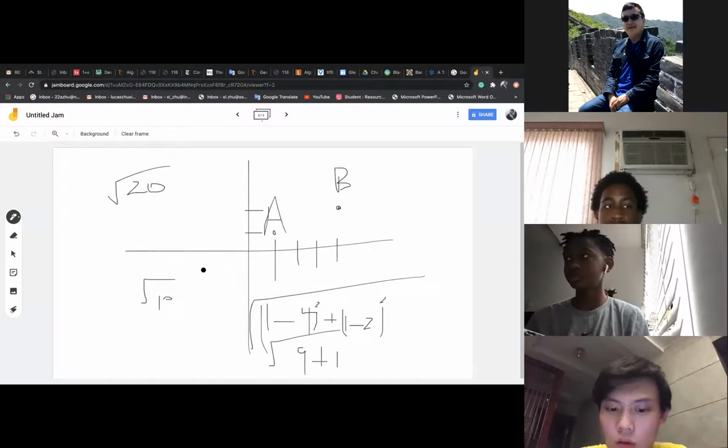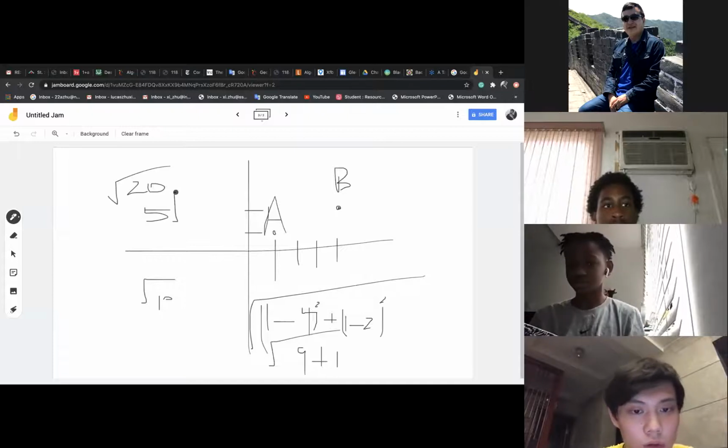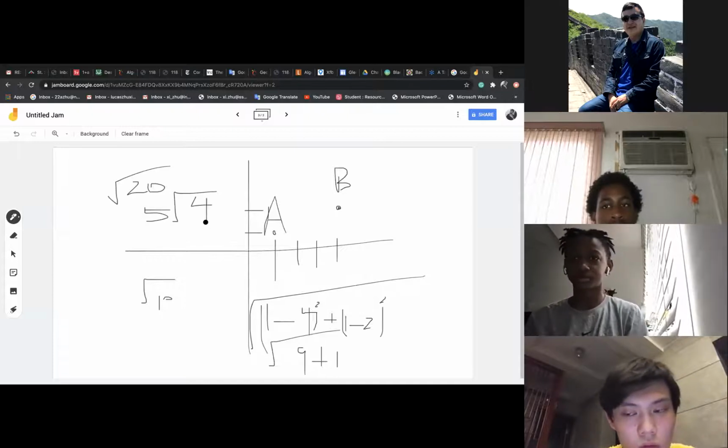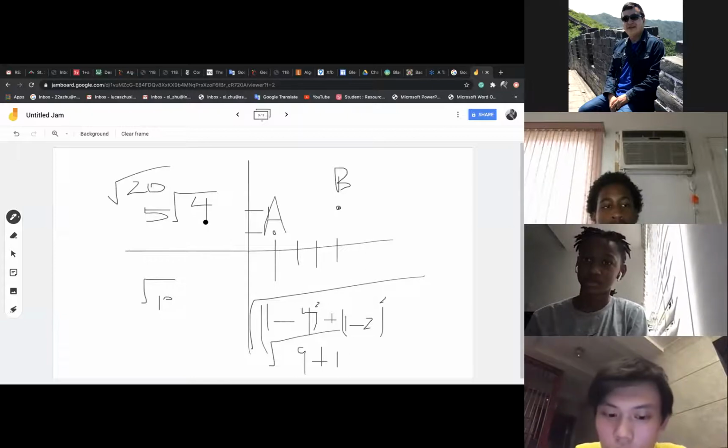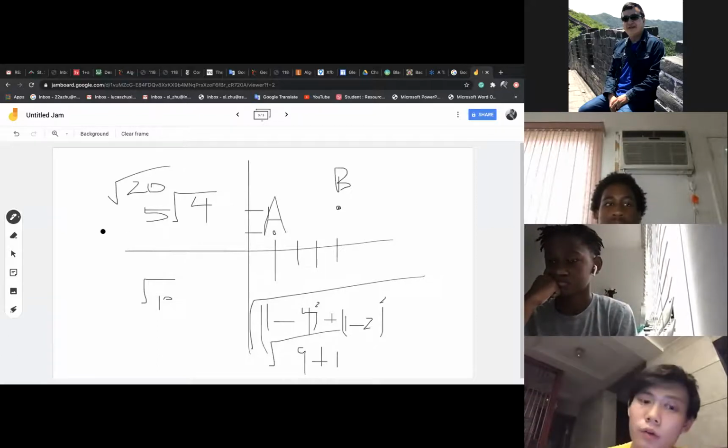You can do 5 square root of 4? Are you sure, 5 square root of 4? No. It's gonna be 2 square root of 5. 2 square root of 5?